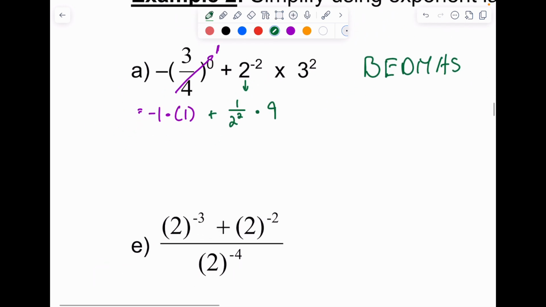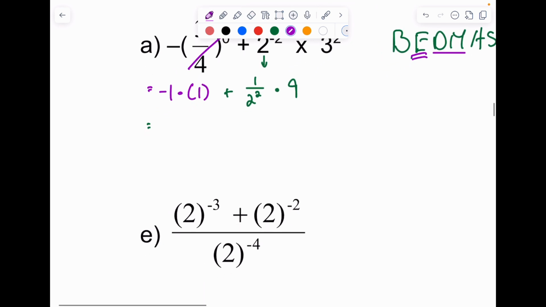Okay, well, we have negative 1, because we dealt with our exponents, right? Like that was BEDMAS, that was the E, we dealt with that. Now we go to the next steps, division and multiplication. So I have a multiplication going on right here. So that is me saying negative 1, and then plus, so plus is not priority, and then I have another multiplication right here.